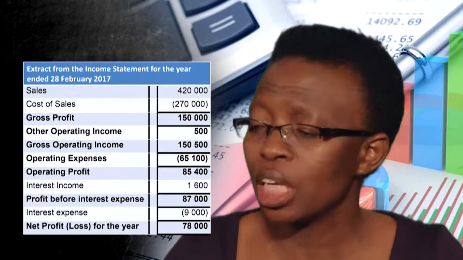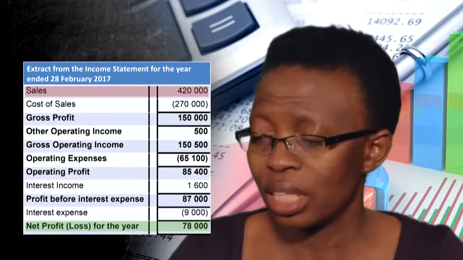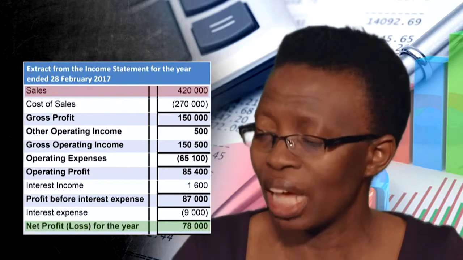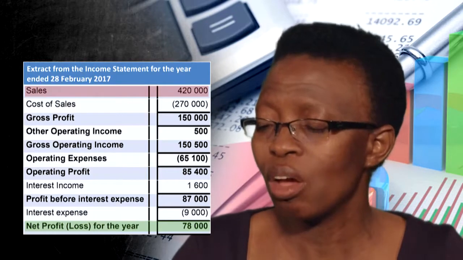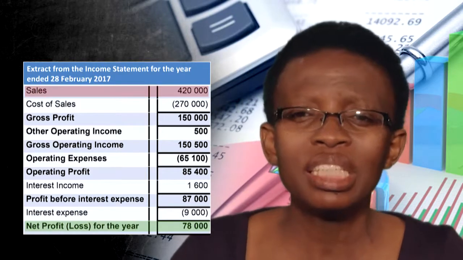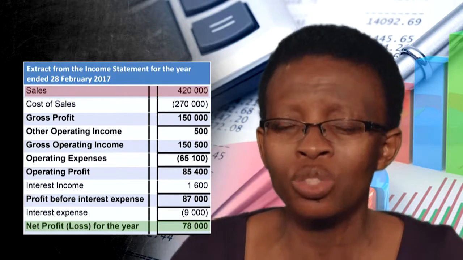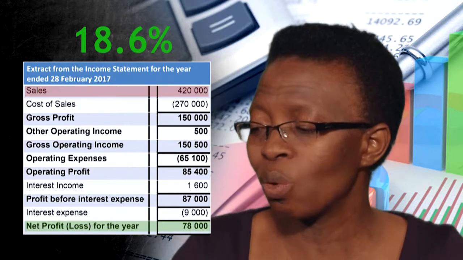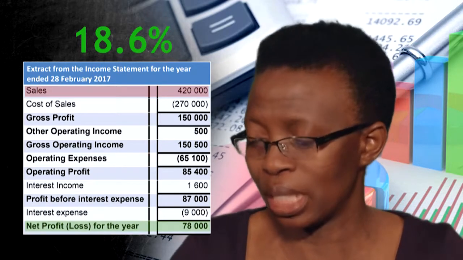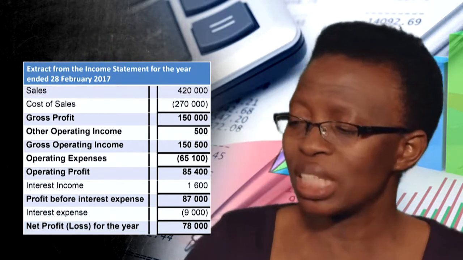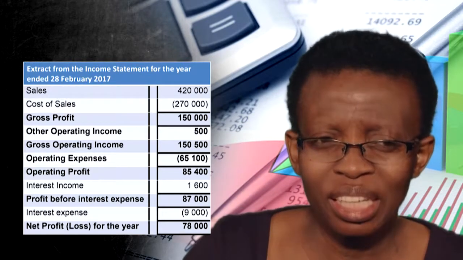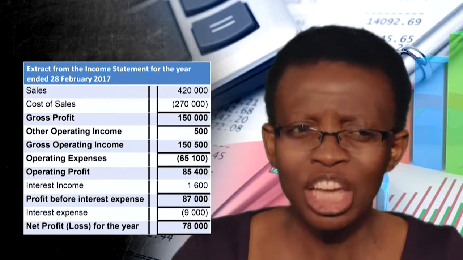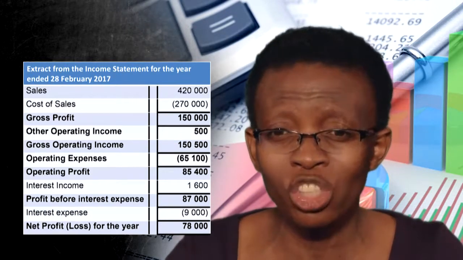Our last ratio is net profit on sales. Our net profit for the 2017 financial year is 78,000, and our sales is 420,000. 78,000 divided by 420,000 multiplied by 100 divided by 1 is equal to 18.6%. The ratio for 2016 was 17%, and in 2017 it's 18.6%. Should the owner be happy with this ratio?